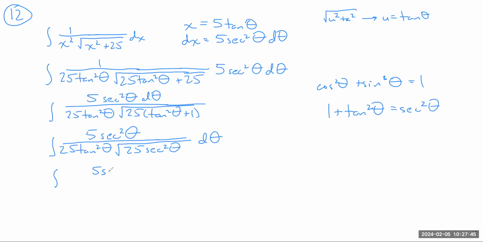Okay, so now let's deal with the radical. So 5 secant squared theta over 25 tangent squared theta times 5 secant theta d theta. All right, what now? 5's reduce. This cancels this.